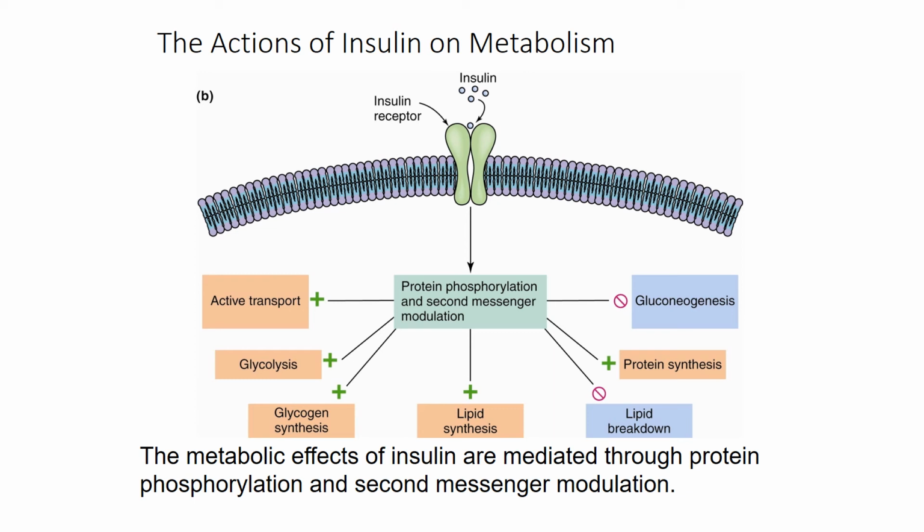Okay, these are all pathways that require energy. And if we've got high blood sugar, insulin is going to trigger our pathways to utilize that. Now, we have high glucose, so we don't want to run gluconeogenesis. We don't need that, and we do not need to break down lipids either, because that will only produce more energy for us. We'll be taking a look at lipid catabolism and synthesis in the near future.